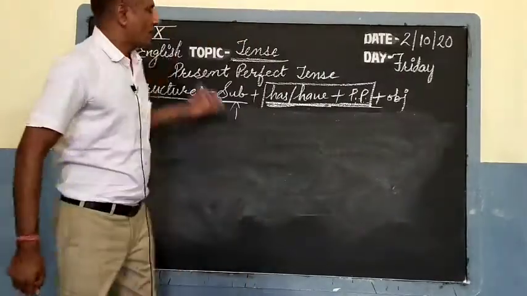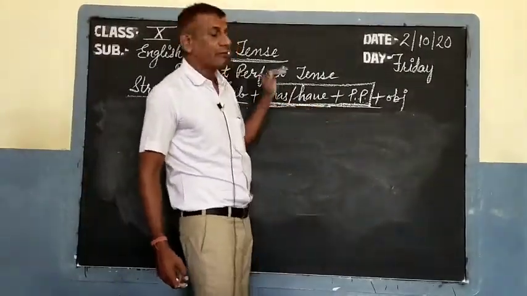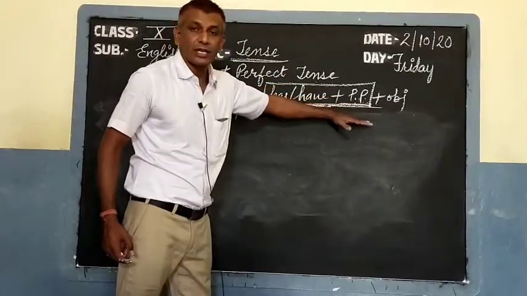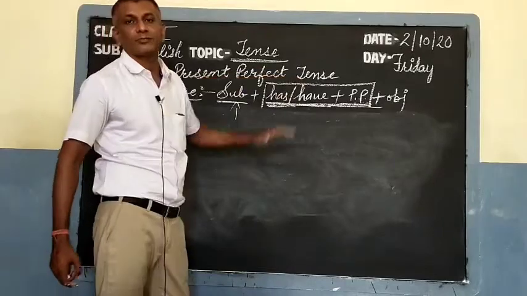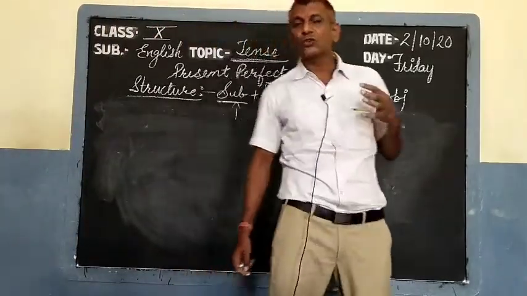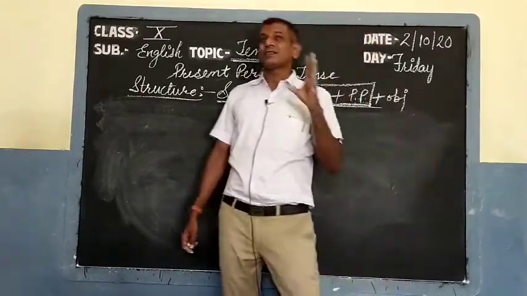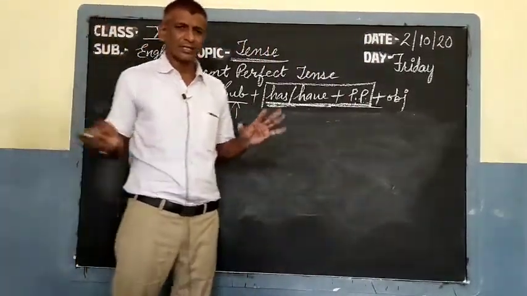It means wherever you see this structure, this combination, it is a sentence of present perfect tense. Do not go after the name. Present perfect tense means something has been done or not done, but leave this.